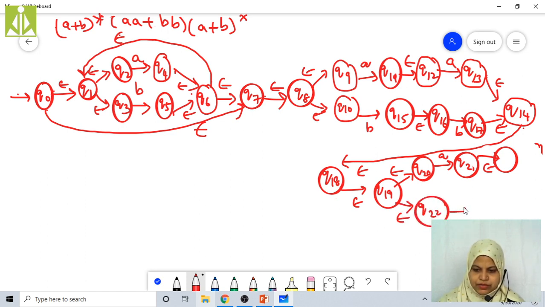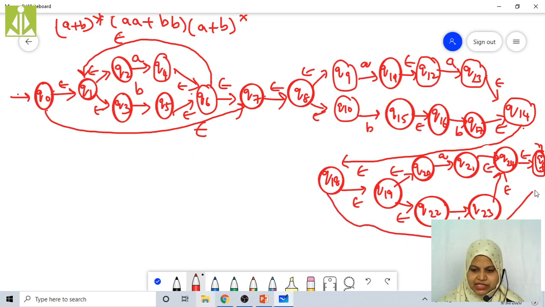Q22 B, Q23 epsilon, Q24 and then epsilon QF final state. From here to the final state you are having one arc, from here to here you are having one arc.